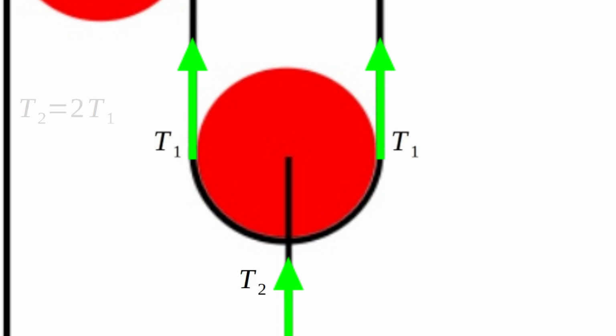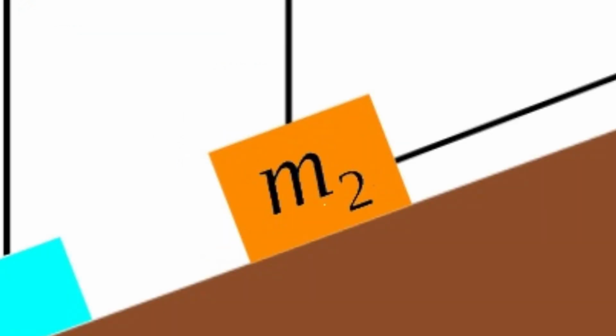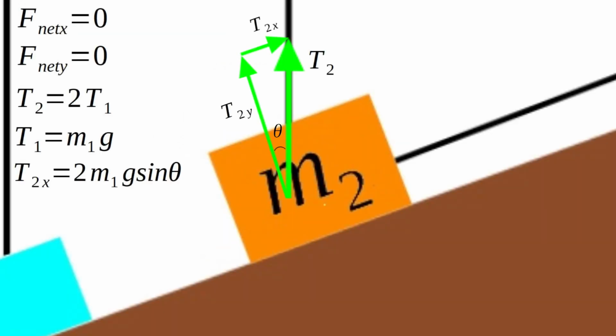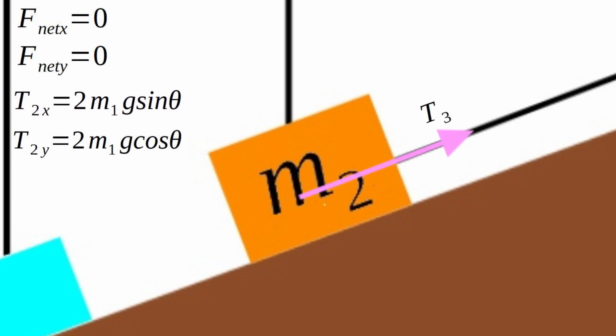T2 is equal to 2 times T1. So we have T2x equals 2 times m1 times g times sine theta. T2y equals 2 times m1 times g times cosine of theta. T3 is equal to the force of gravity exerted on block 3, which is m3 times g.